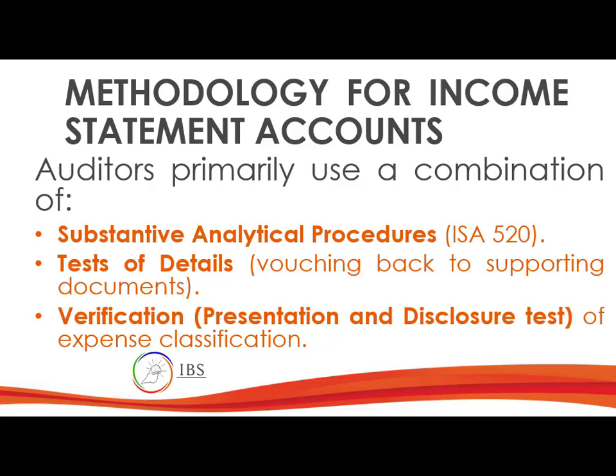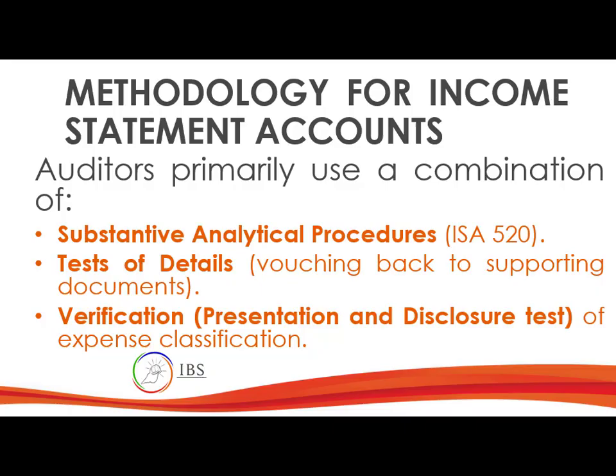Again, coming back to sales, if you want to check the occurrence of sales, you'll check invoices. When you check invoices, you're checking who the customer is, how much they sold, when it was sold, any discount applied, whether GST applies, and then you multiply to see if that is the correct amount. That is what we call test of details.